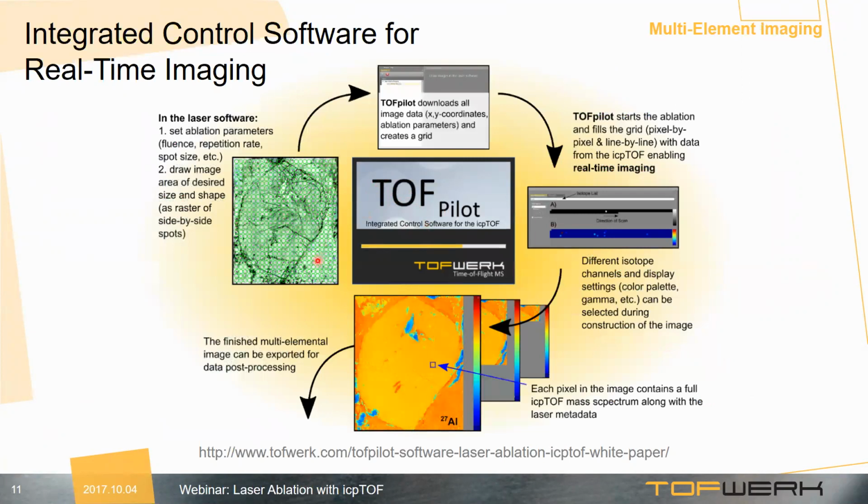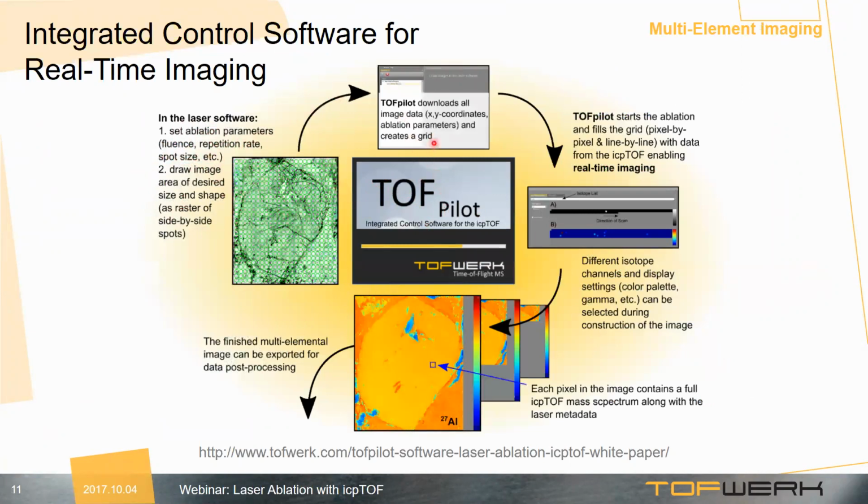Now, I will just quickly walk you through the workflow that we use here in TOFPilot. It all starts on the laser computer, where we first of all set up the ablation parameters that we want to use: the fluence, the repetition rate, and the spot size. And then we draw the image as a raster of side-by-side spots on the sample.